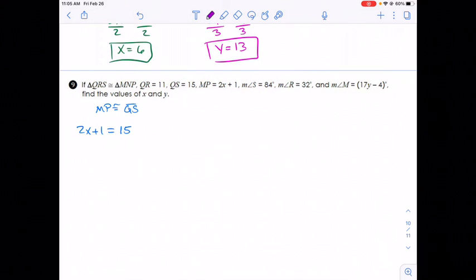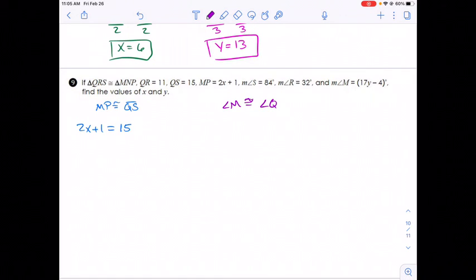All right, so the next one here, we're looking for y. Well, y is going to be angle M. So angle M should match up with angle Q. Notice they didn't give us angle Q. They have S, and they gave us R. So that means that these are our two other angles in our triangle, so we need to know what angle Q is.